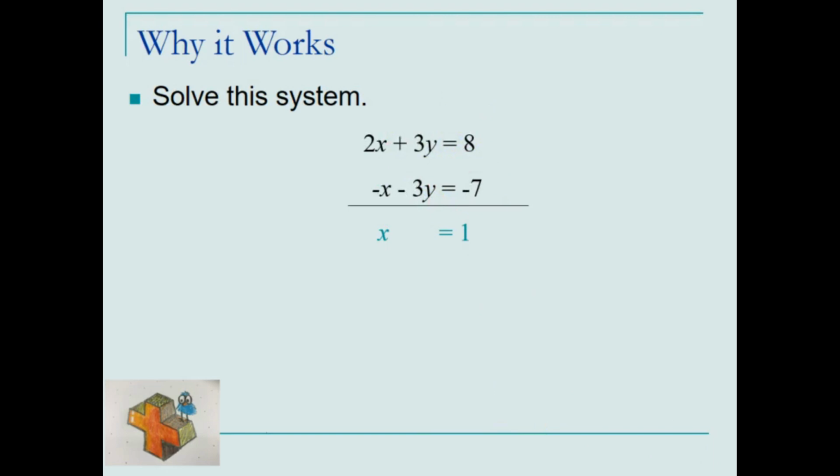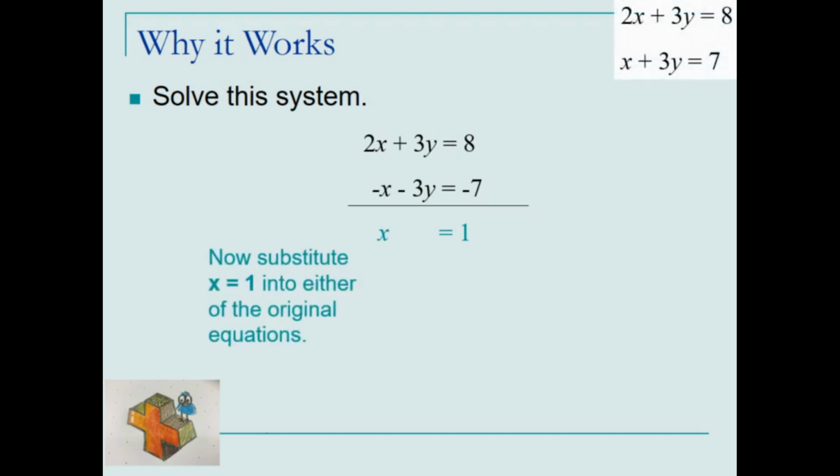So mission accomplished in terms of eliminating one of the variables by multiplying the second equation each and every term by a negative 1. We now know, because we have a solution for one of the variables, that these two equations do have a common point that satisfies both equations. We need to find the y coordinate.